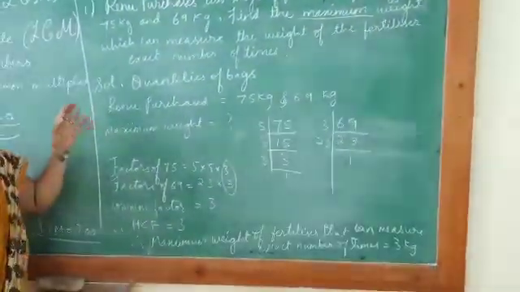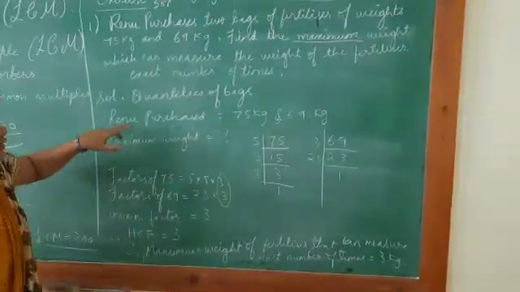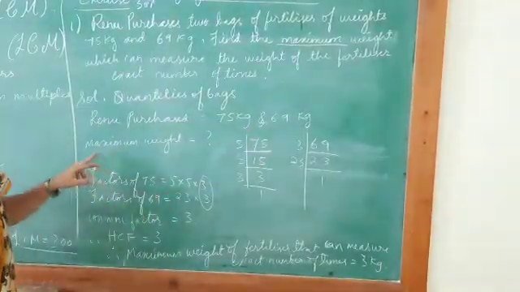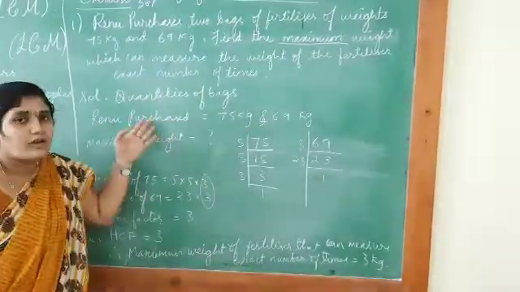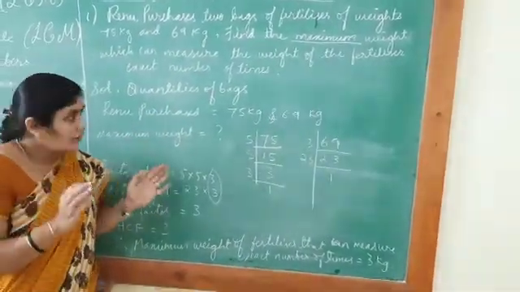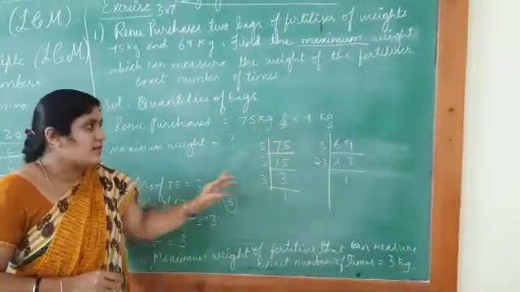I repeat the solution once. The quantity of bags given here: Renu purchased 2 bags, which are 75 kg and 69 kg. Here 2 bags are given. In the 2 bags, the first bag contains 75 kg and the next bag contains 69 kg.